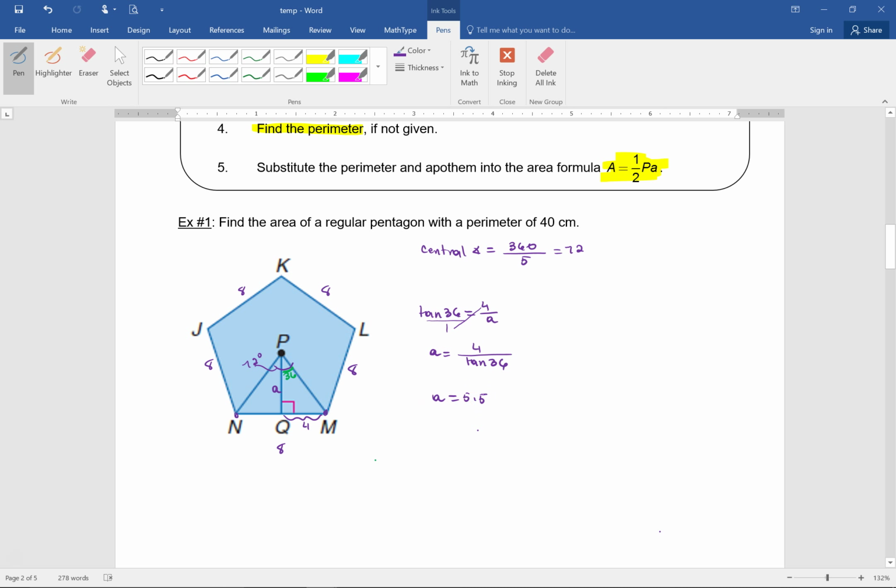And I'm given that my perimeter is 40, so now I can find the area of the entire shape. It's half times P times A, which is half times the perimeter 40 times the apothem 5.5. 20 times 5.5 turns out to be 110 square meters.